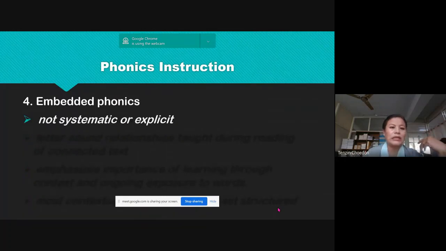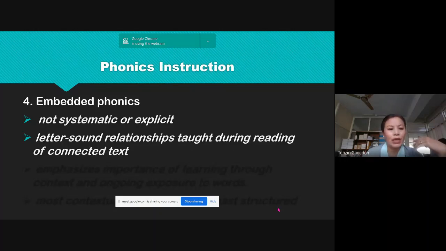Then embedded phonics is not systematic or explicit, and letter-sound relationships are taught during the reading of connected text. Most researchers say that if you use this approach when teaching phonics for the first time, children are just being introduced to letters and sounds.